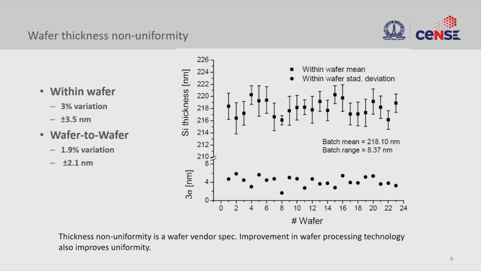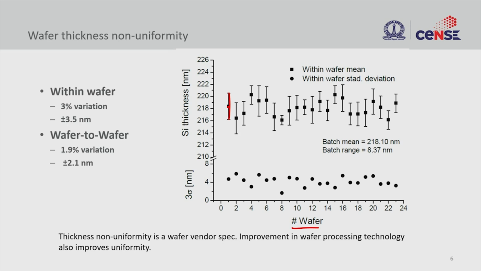And this is just an example of thickness variation, right? So how thickness variation could affect your processing. So this is the number of wafers, and this is within wafer what is the variation, right? And this is 3 sigma. So you can look at between wafers you have a variation as well, and within wafer there is a variation.